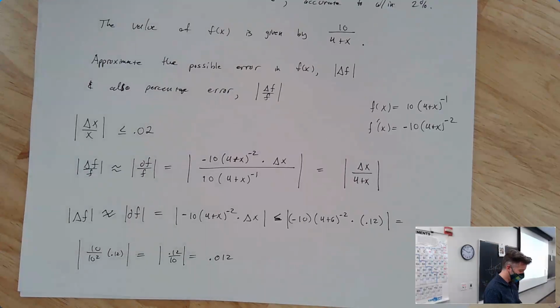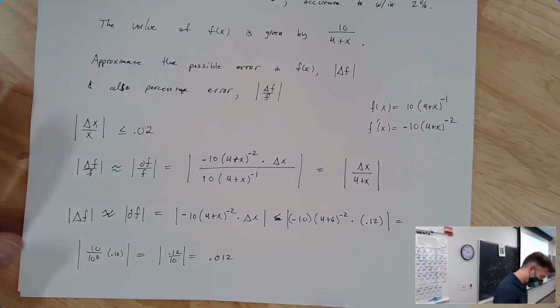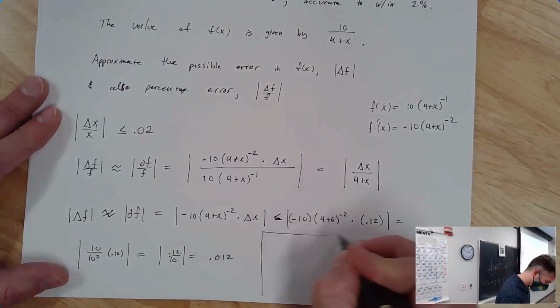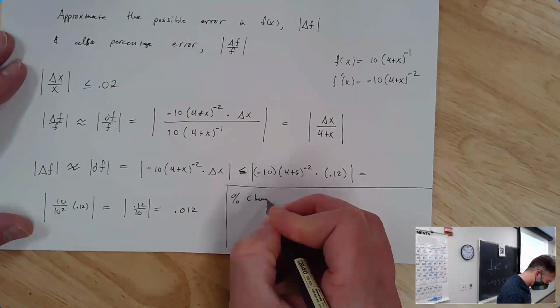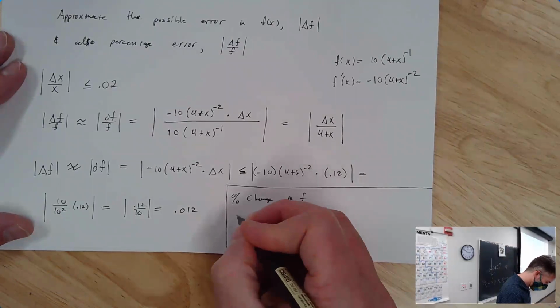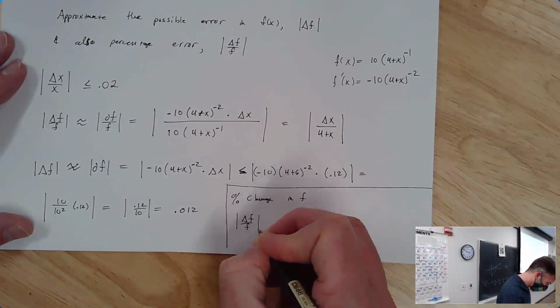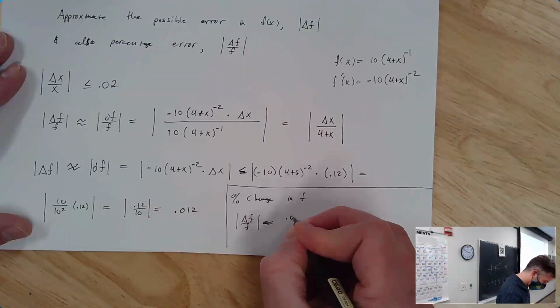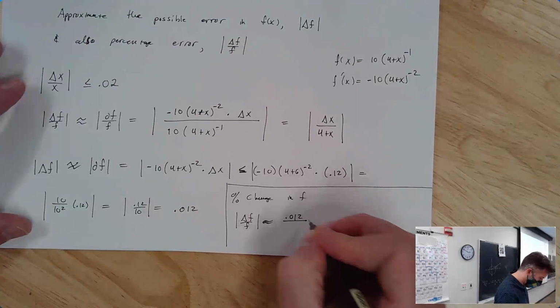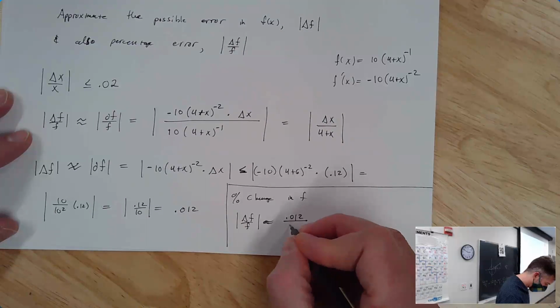And then if we want to find the percentage change, we would take that and divide it by the function value. Now, this one happens to be the same because the function value was 1. So the percentage change in f, which is this delta f over f, is this value we just found divided by f of 6.